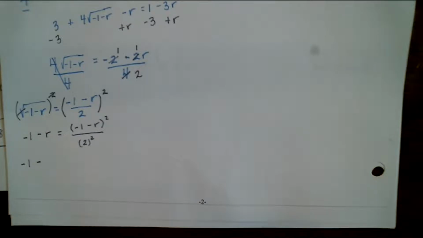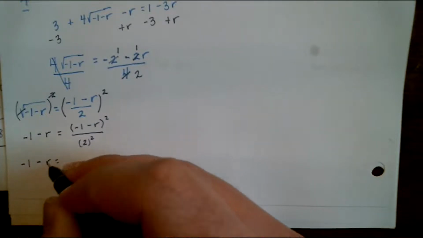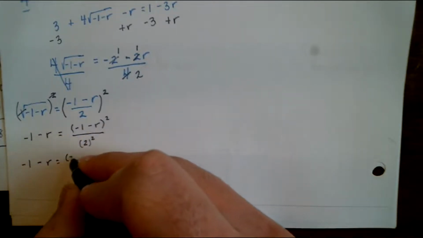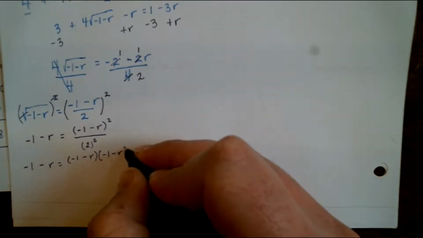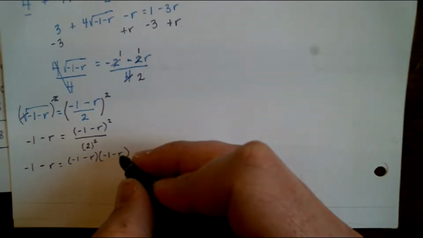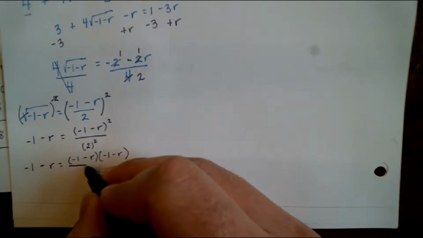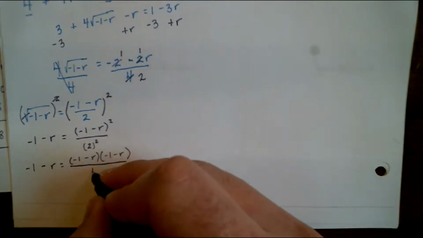You say, wouldn't that be a positive 1? Oh, okay. All right. So negative 1 minus r, and I'm going to write this out. Negative 1 minus r times negative 1 minus r all over 4.